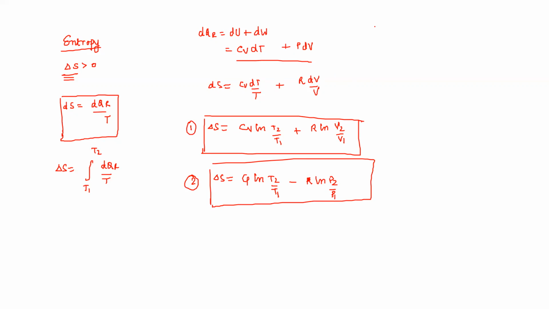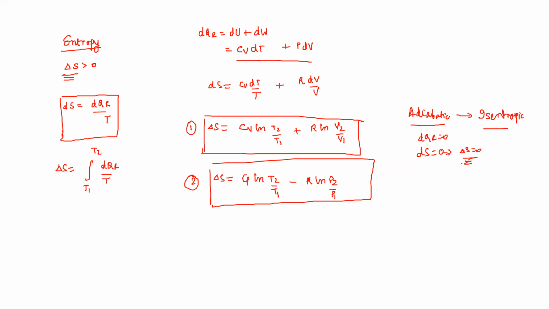Then we discussed entropy calculations for different types of processes, of which two are very important. First is the adiabatic process. For an adiabatic process, since we have dQ_r equal to 0, we get dS or delta S as 0. So a reversible adiabatic process can also be considered an isentropic process.